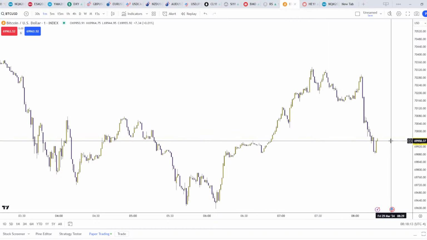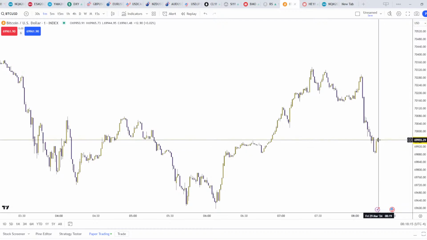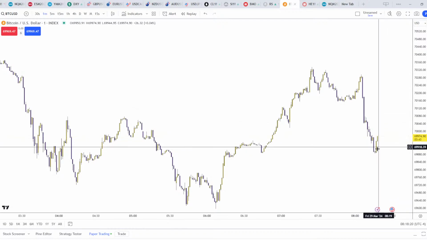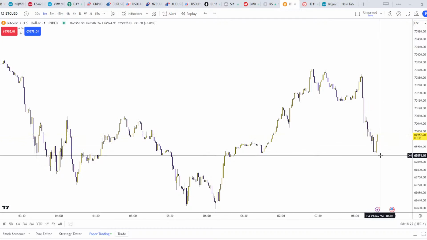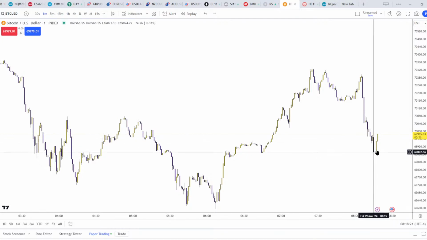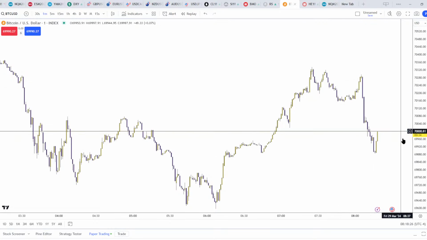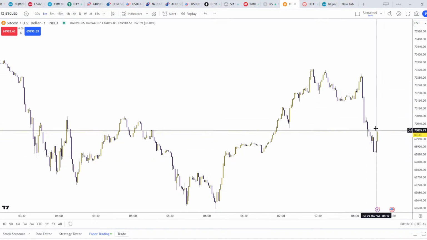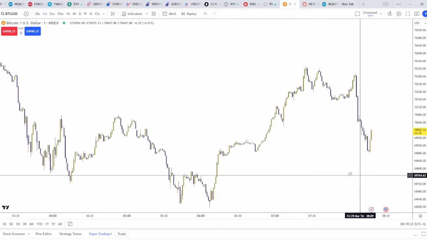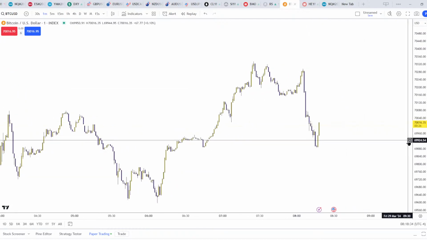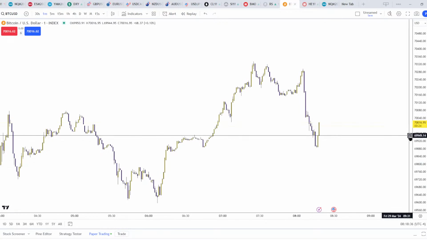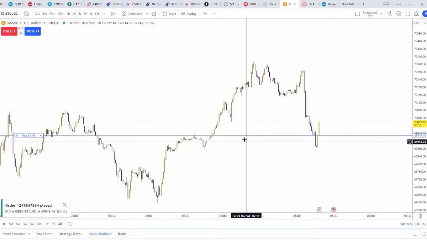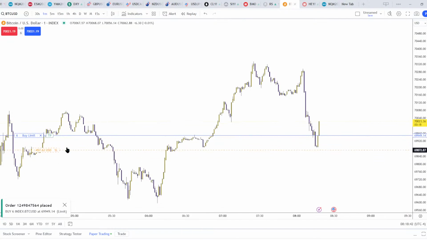You have to wait now. If this body closes above and then you come back into this, then that's your long. And you're trading from one to the other. Or pull your fib tool, do your 50%, whatever method you want to use. So we'll go long here, and we'll pull our stop loss down to here.